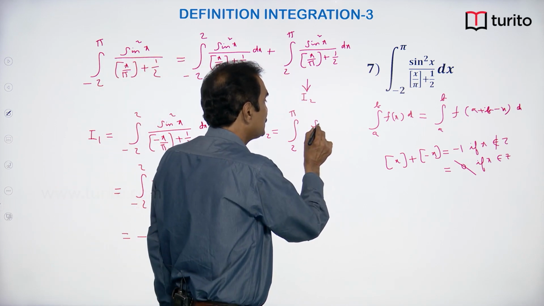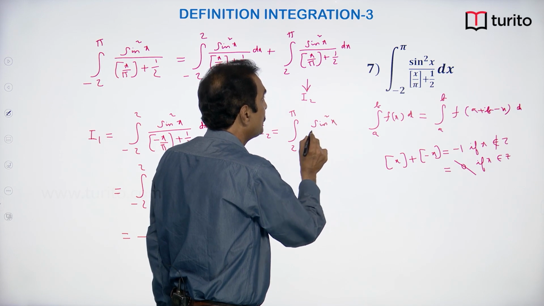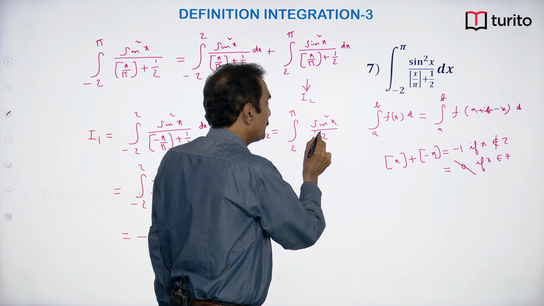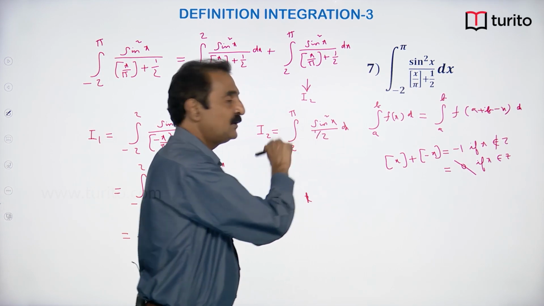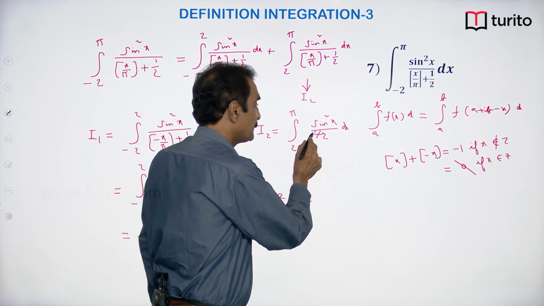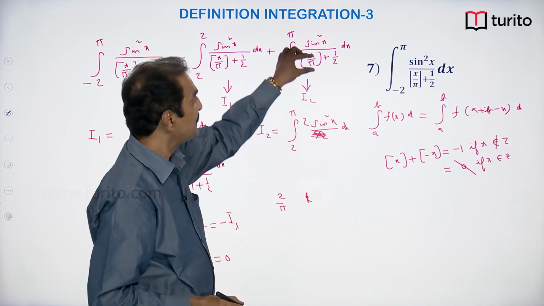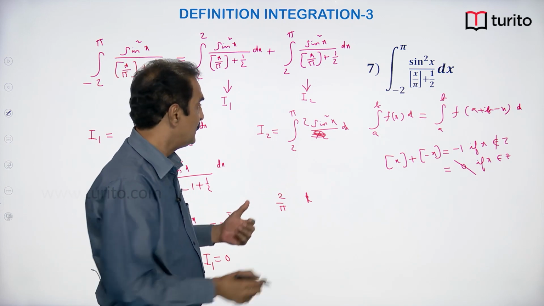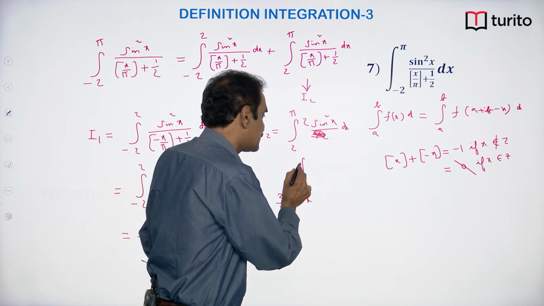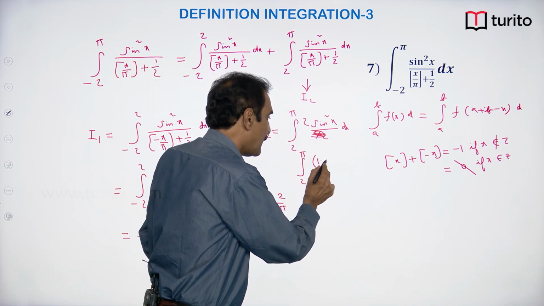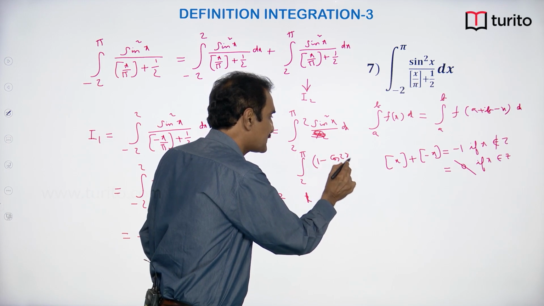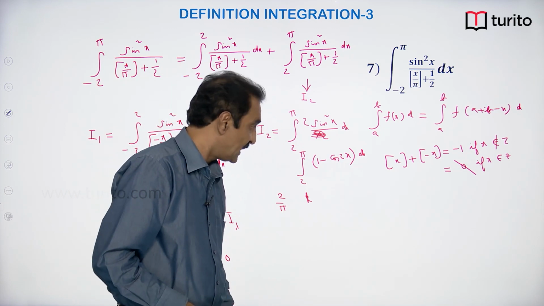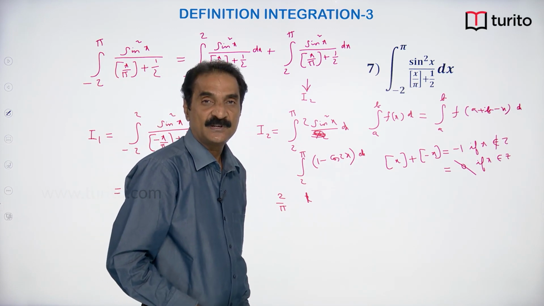So it will be sine square x by 1 by 2 means 2 sine square x, because this integral part is 0. Now you know how to calculate this integral. Write 2 sine square x as 1 minus cos 2x and calculate the answer. Okay. So you finish the calculation. With this I am going to close the session for today.